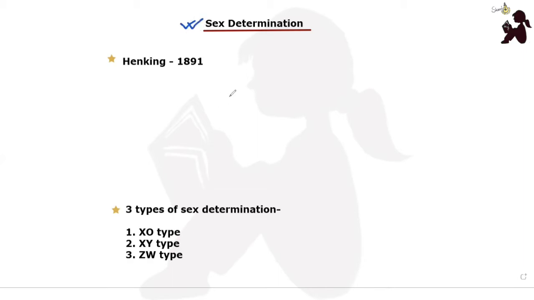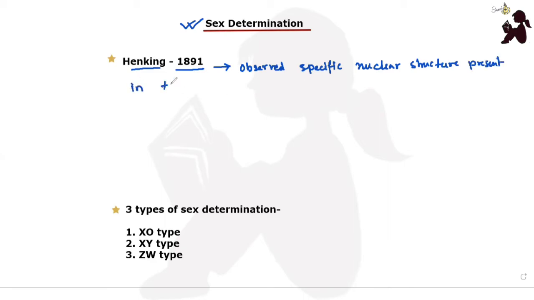Sex determination was first observed by Henking in 1891 in his experiment, where he observed a specific nuclear structure present in spermatogenesis.